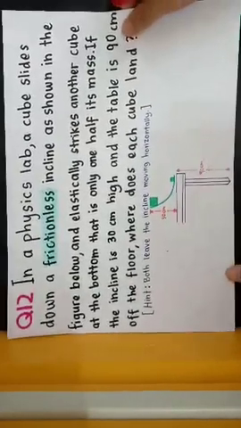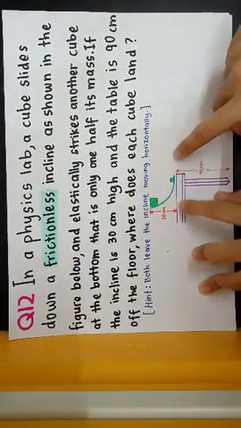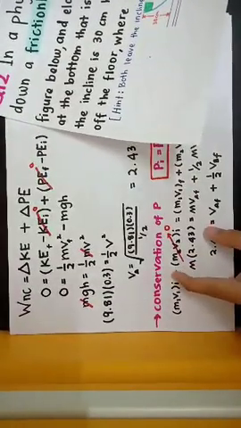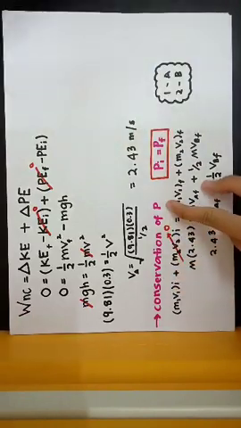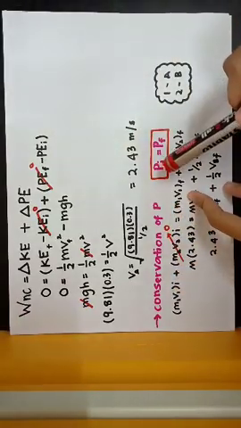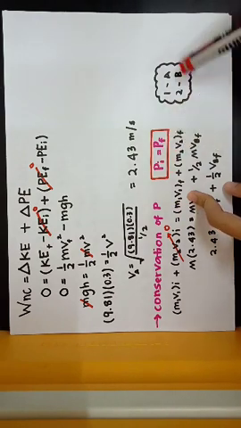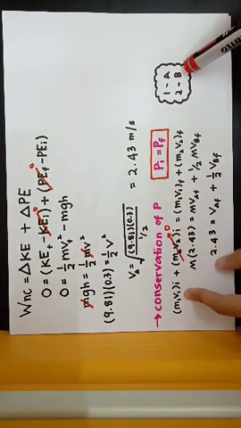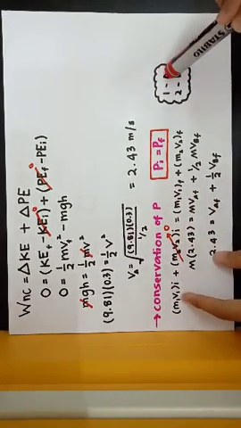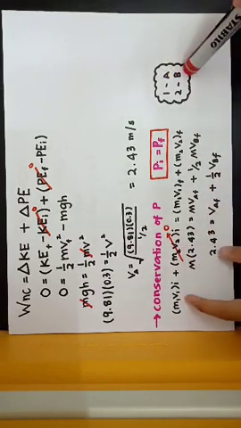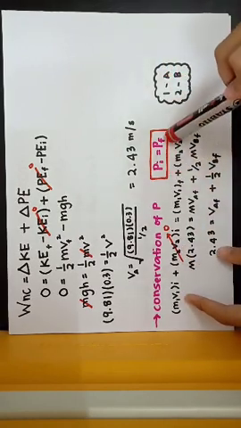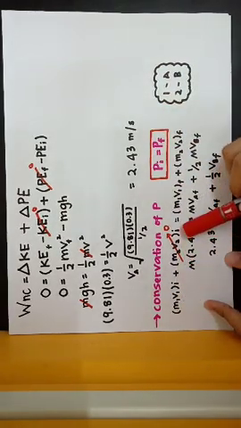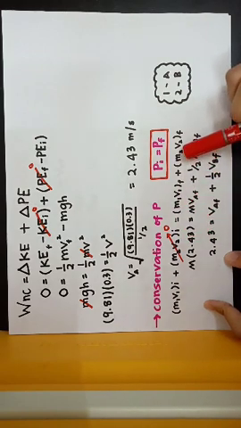So we know that the cube is going to collide at the end of the incline. To get the speed of each cube after collision, we use the law of conservation of momentum, where initial momentum equals final momentum. 1 is equal to A and 2 is equal to B, because I use 1 to indicate cube A and 2 to indicate cube B. So m1 v1 initial plus m2 v2 initial equals m1 v1 final plus m2 v2 final.